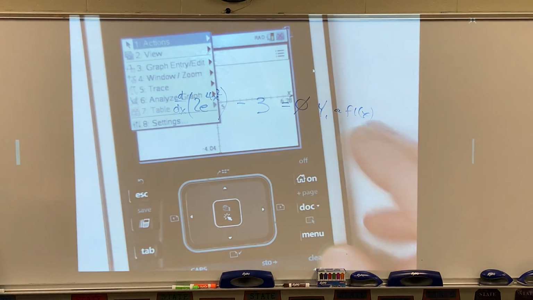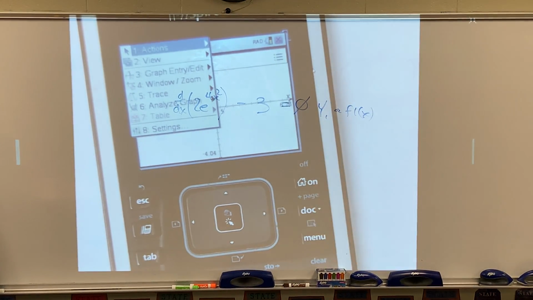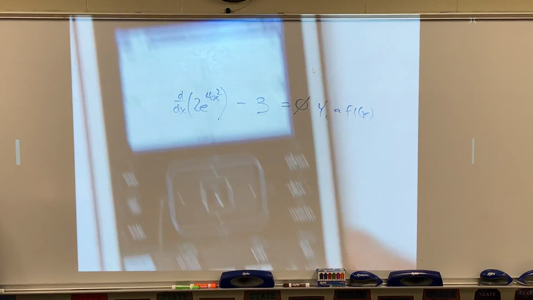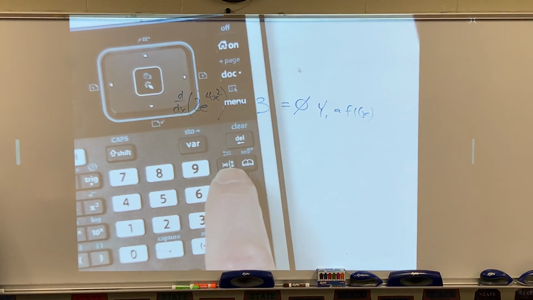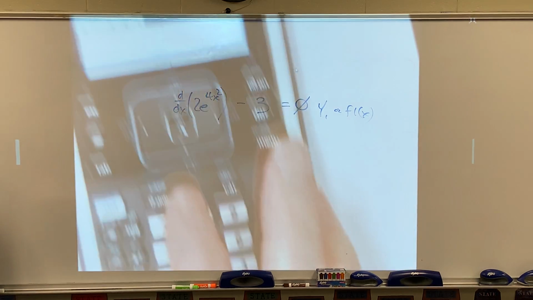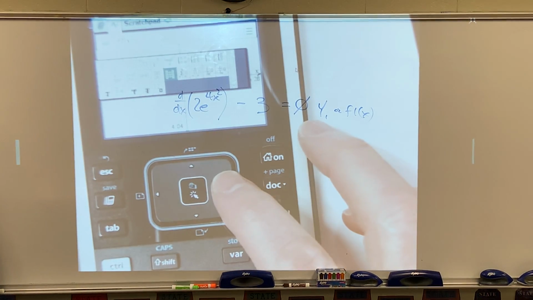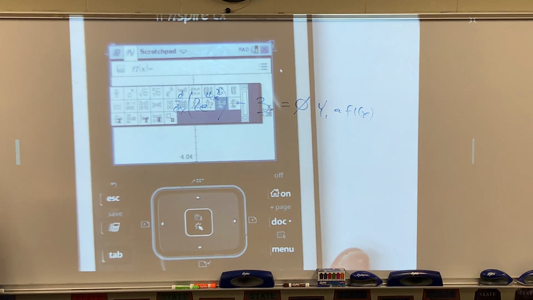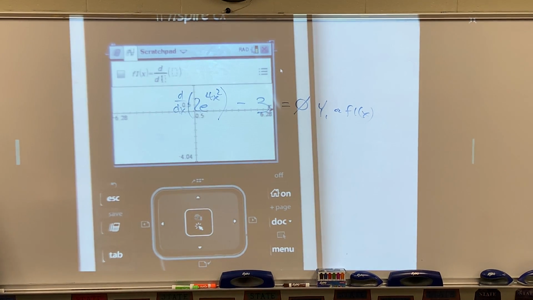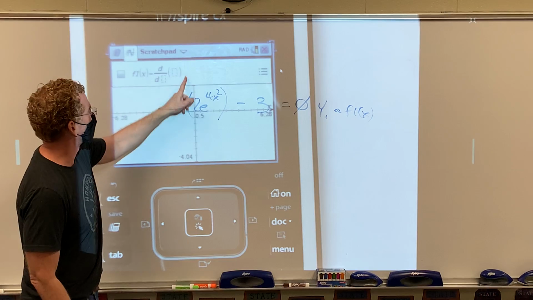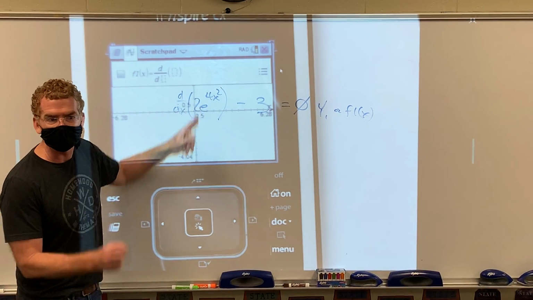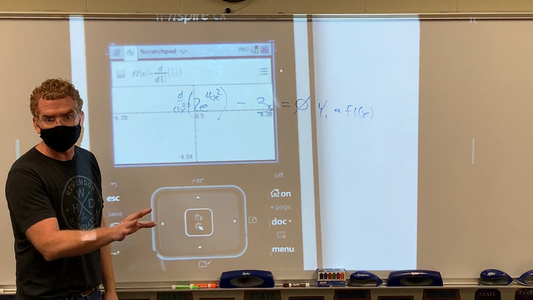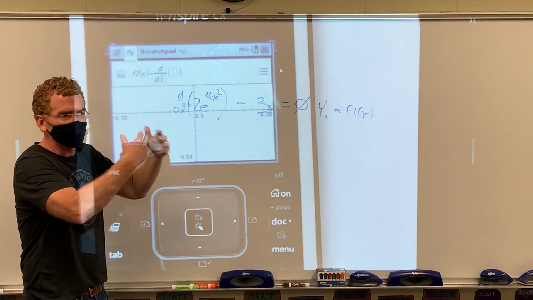So instead of going menu calculus, because it's not an option, you go, see the little absolute value button by the book? If you click on that, and you go over here, you'll see the derivative feature. And you can just hit enter on it, and notice the difference is it doesn't put that bar down, so it doesn't calculate the value at one spot. Because you don't want that, you want the whole derivative, the whole function.